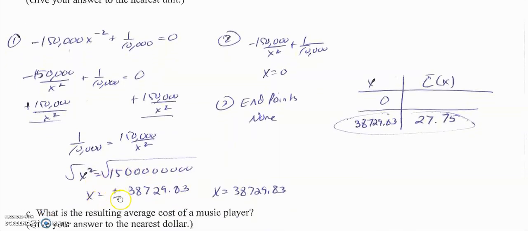So we have x equals plus or minus 38,729.83. But remember, the domain says we can't have a negative number of players, so the only answer that makes sense is 38,729.83. Plug that into the original, and we get an average cost of 27.75.